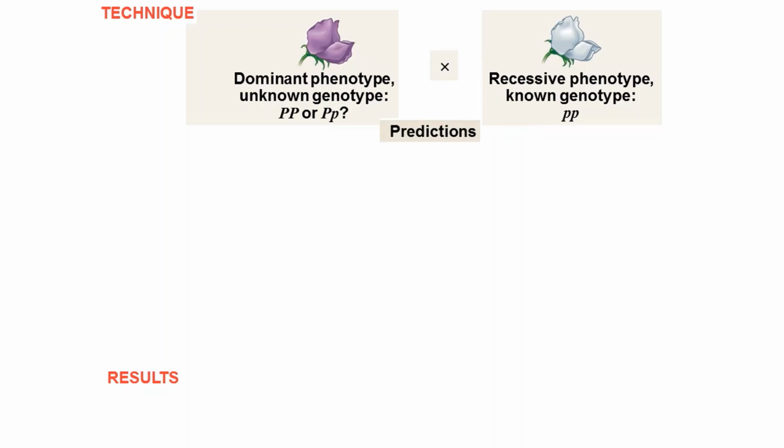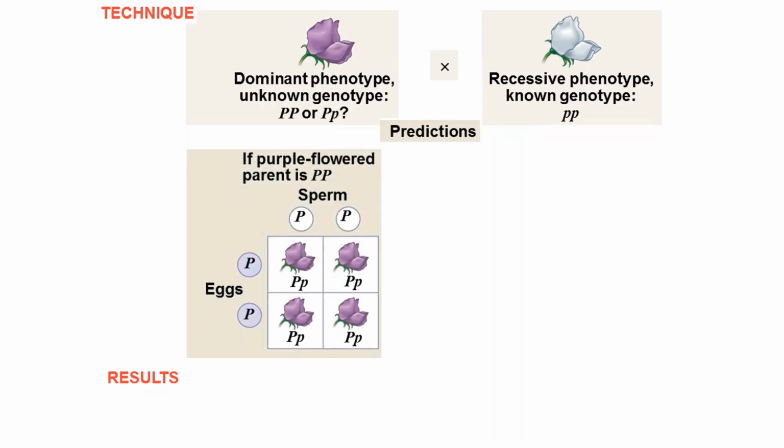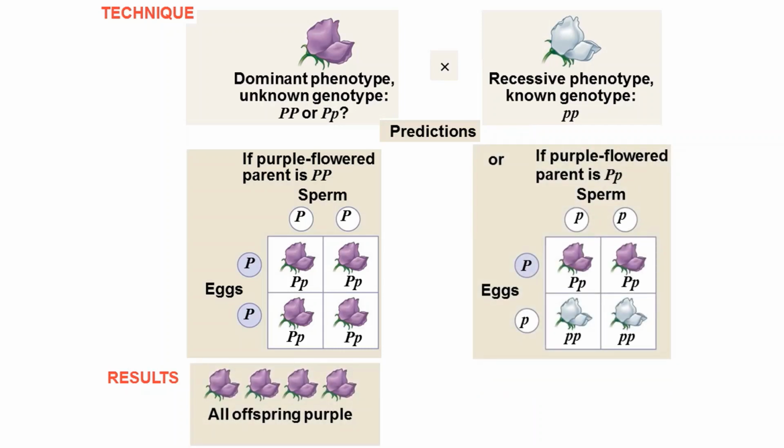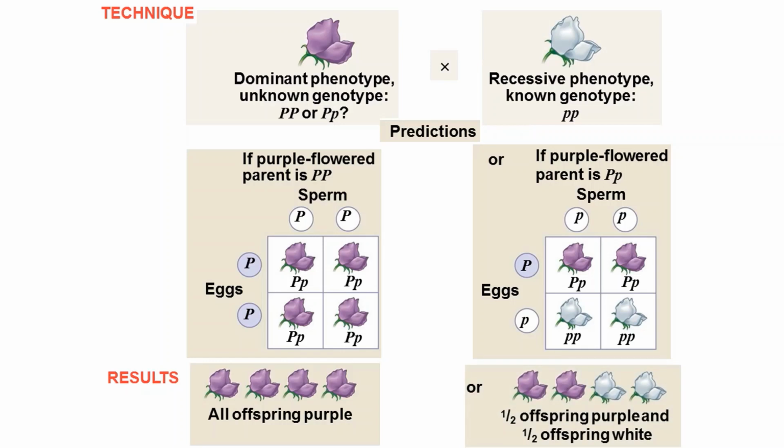If the unknown individual is homozygous dominant, all of the offspring produced are heterozygous and would produce all purple flower. But if the individual is heterozygous, 50% of the offspring would produce purple flower and another 50% of the offspring would produce white flower.